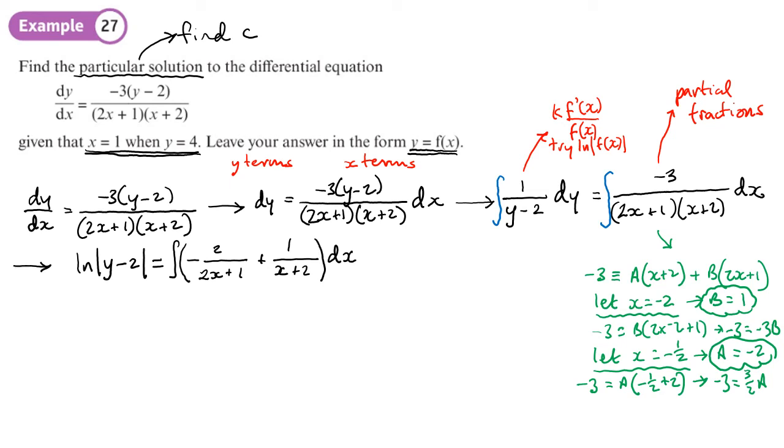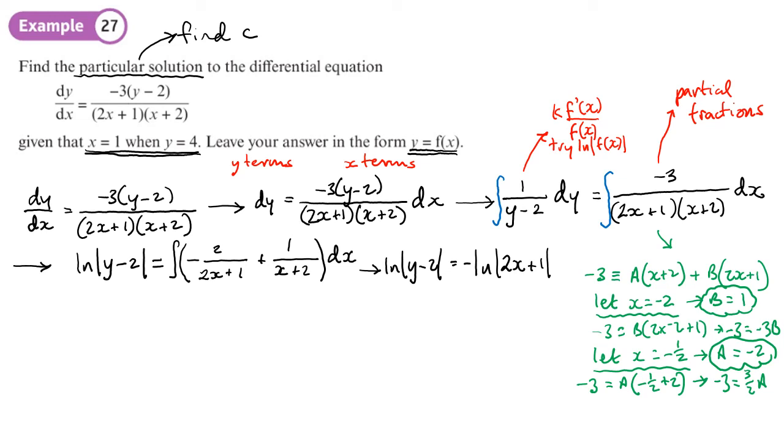So for both of those, I'm going to try log of the bottom. So log of 2x plus 1. If I differentiate that, I'd get 2 over 2x plus 1. I want -2, so we just need to put a minus sign here.